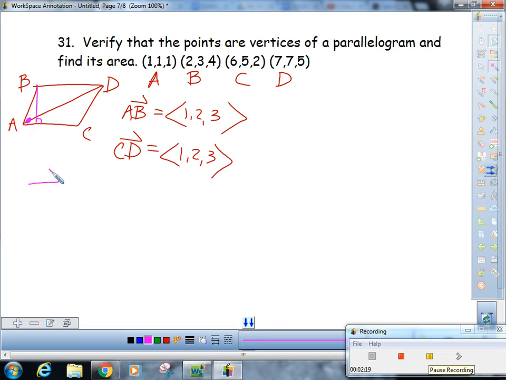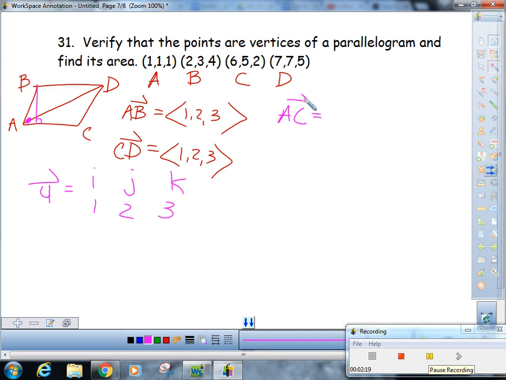But I'm just going to say that vector, I don't know, let's call it vector u is equal to i, j, k, 1, 2, 3. Let's see, that would be AB. I need AC.